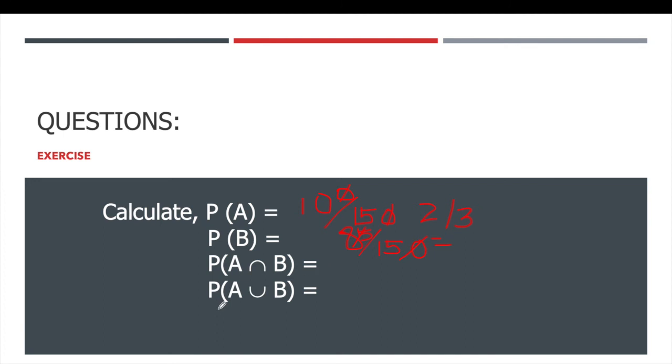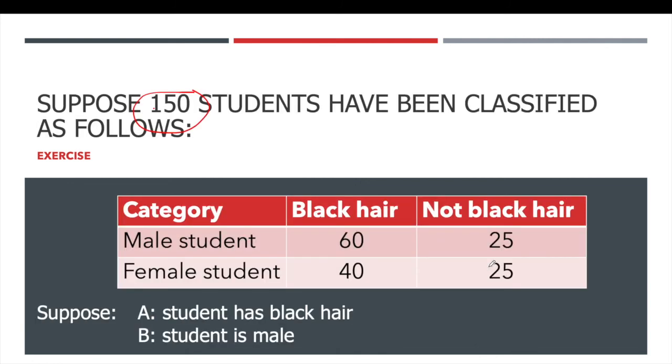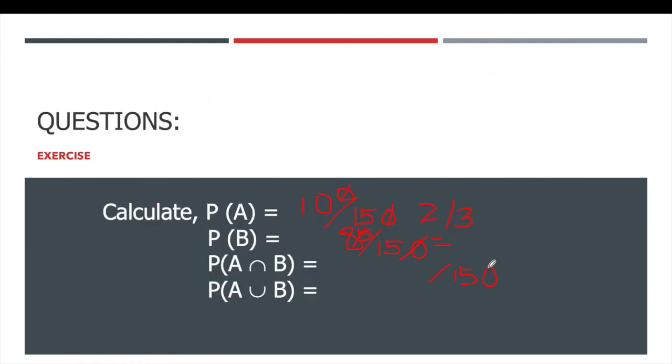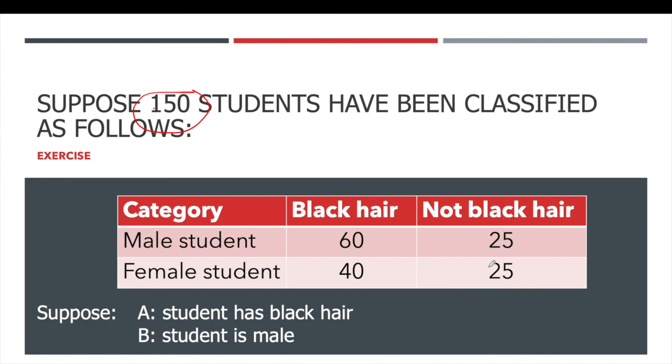Next up we have the probability for A intersection B. Again, we have 150, and what is the intersection of A and B?